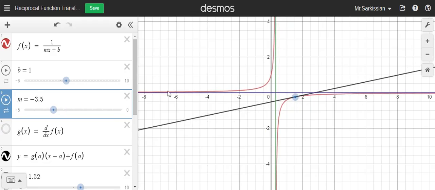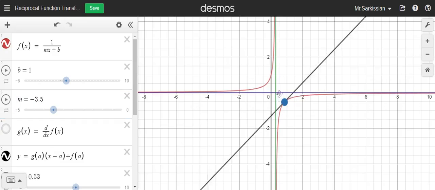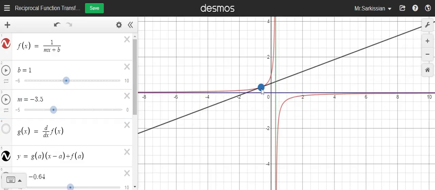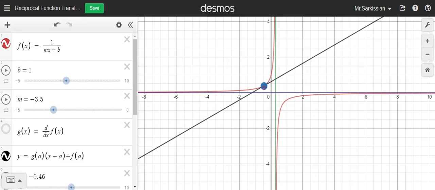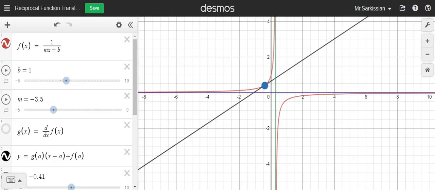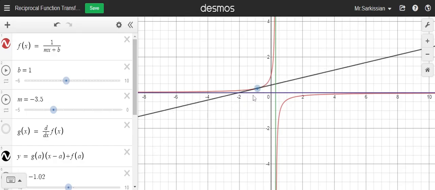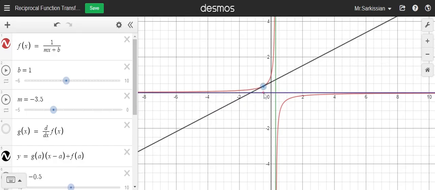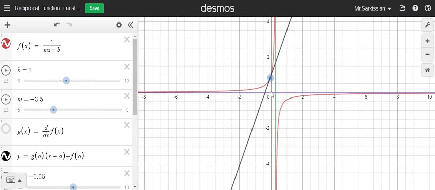So you see this time, when the value of m is less than 0, that is negative, the left branch of this reciprocal function has a positive increasing slope. So you see that this line is rising from left to right, so obviously it has a positive slope. But as you see, when we move from left to right, it has an increasing slope.